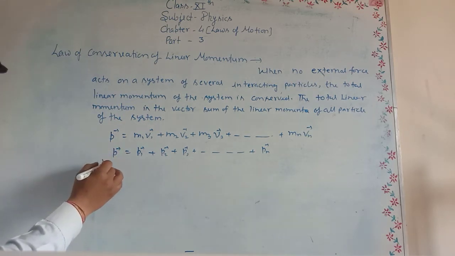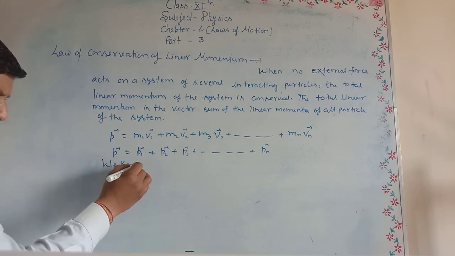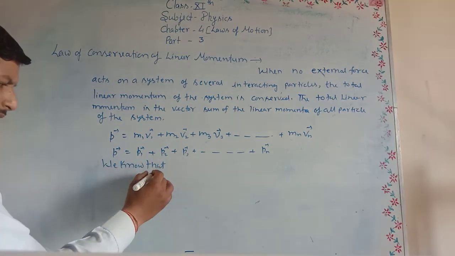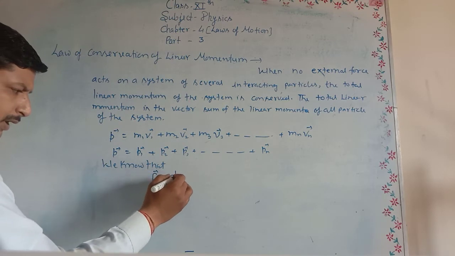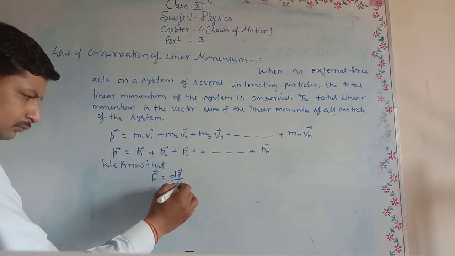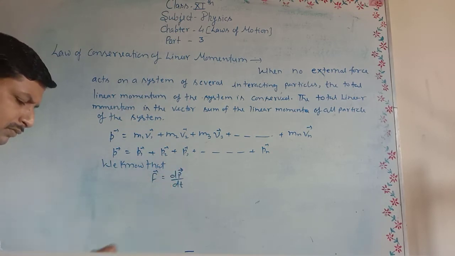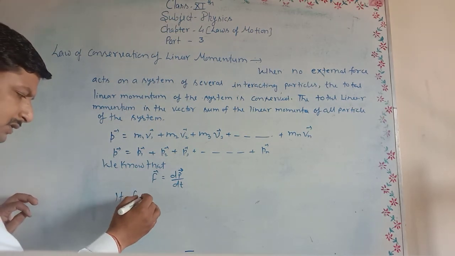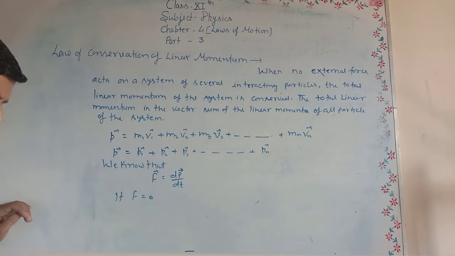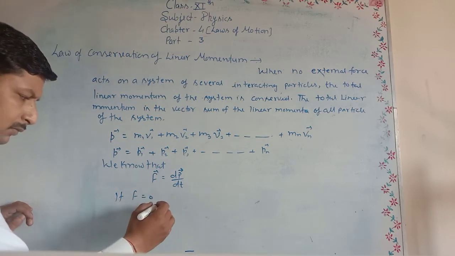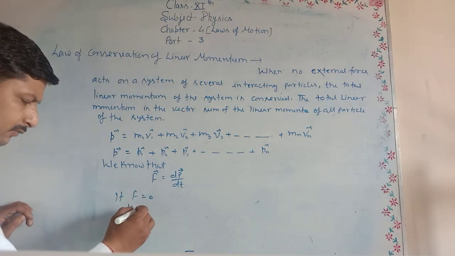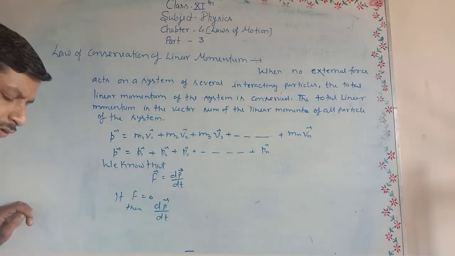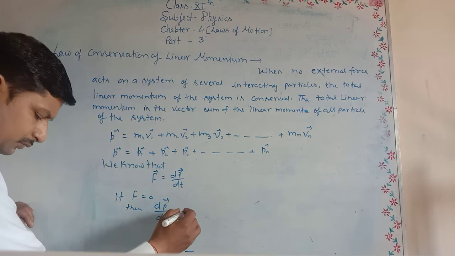We know that F is equal to dp upon dt. If no force acts, F is equal to 0, then dp upon dt, the rate of change of momentum, is equal to 0.